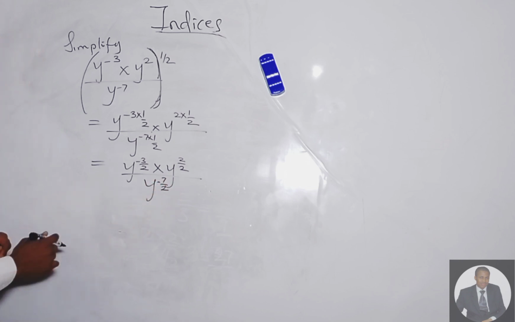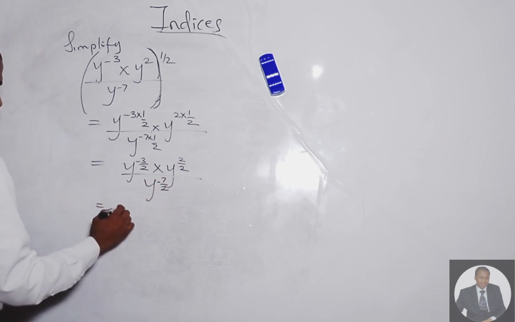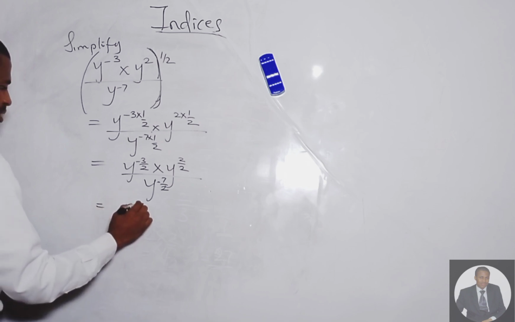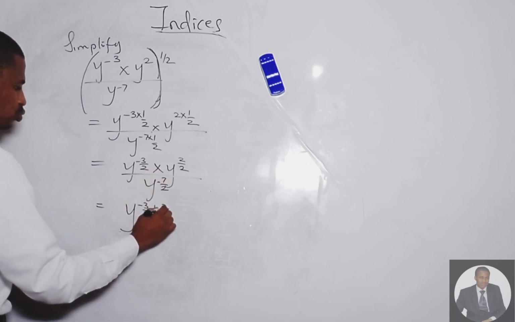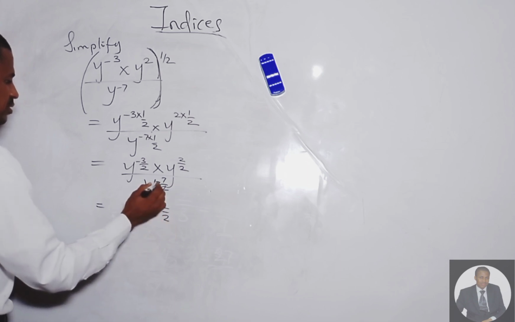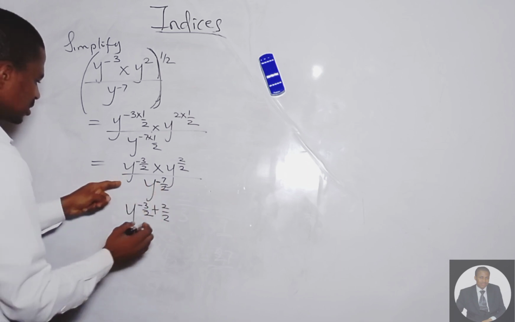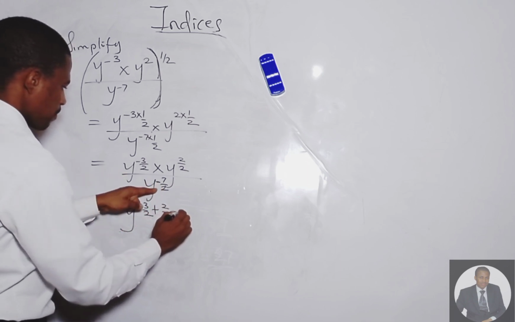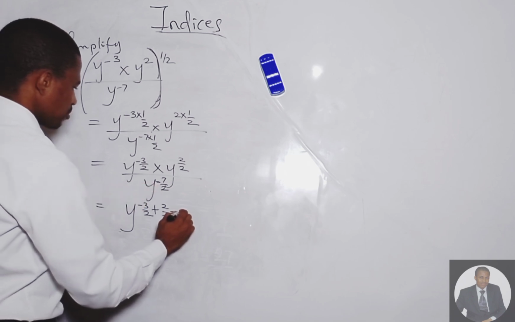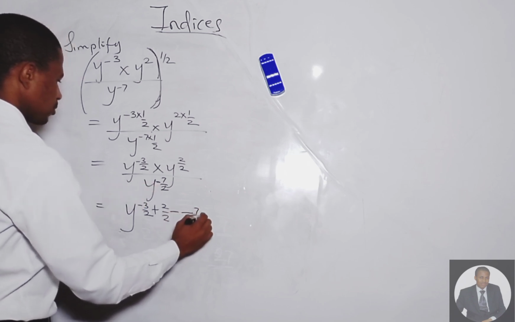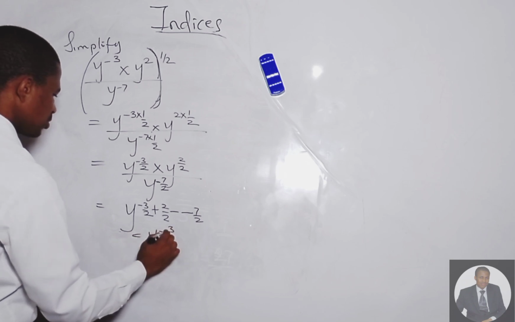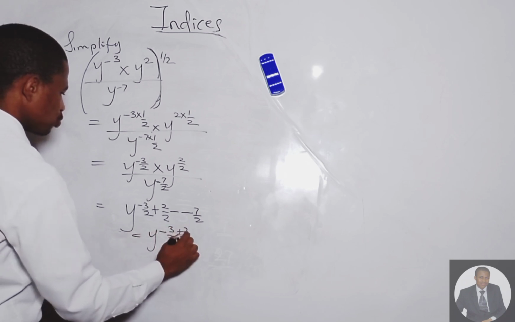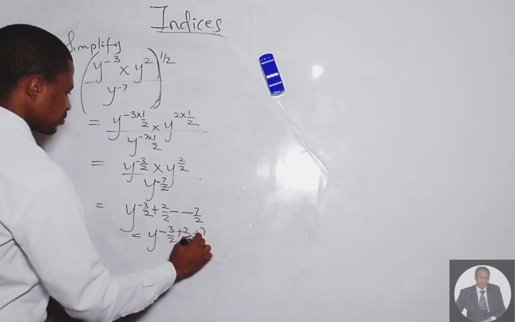The commonality is y, so we pick one y. We say y minus 3 over 2, times means plus 2 over 2. Divide means minus, with the negative sign, 7 over 2. That will give us y minus 3 over 2 plus 2 over 2 plus 7 over 2.